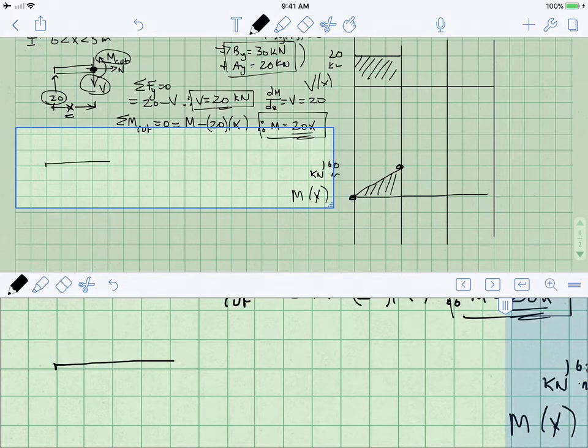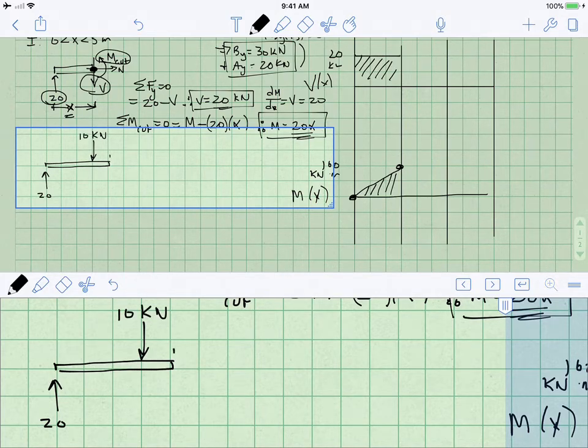So it looks like this. We have our AY value, AY was 20. We have our load at 5, which was 10 kilonewtons. So you have to draw on your loads.